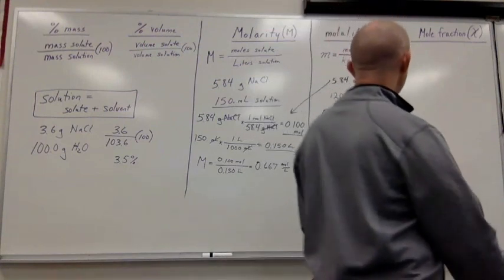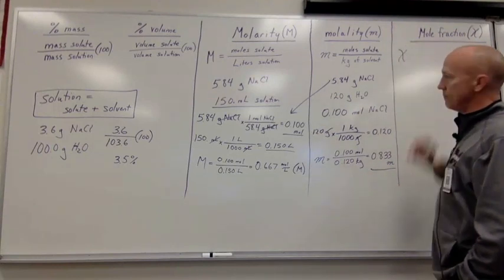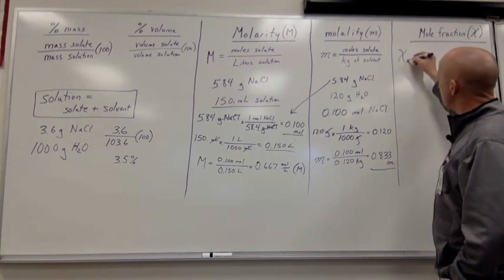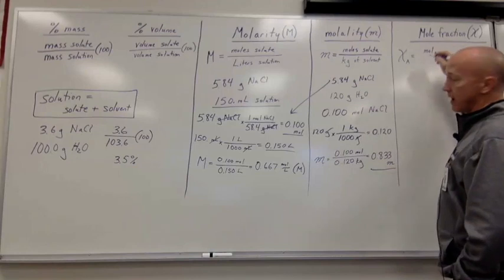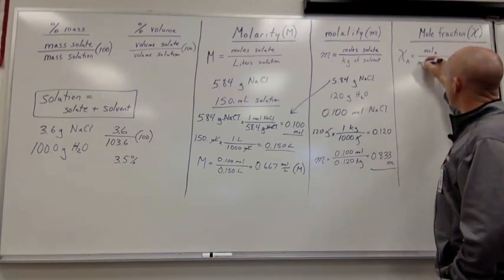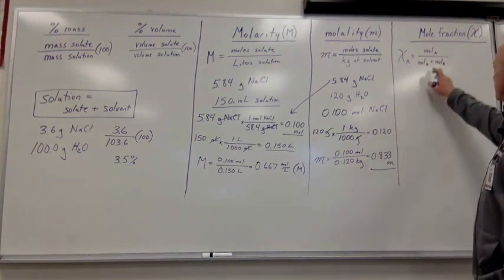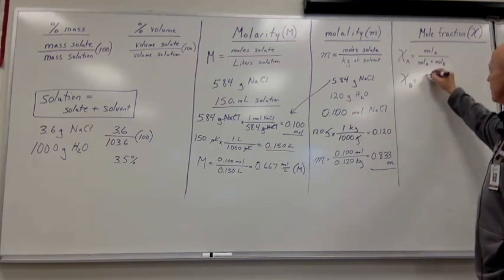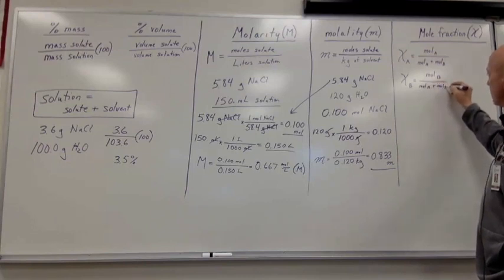And we have this funky looking X. Let's say we have a mixture of two things, and we'll call them A and B. The mole fraction of A in that mixture would be equal to the number of moles of A, of compound A, divided by the number of moles of A plus the number of moles of B. Moles of A, moles of B. The mole fraction of B then would be moles of B divided by moles of A plus moles of B.